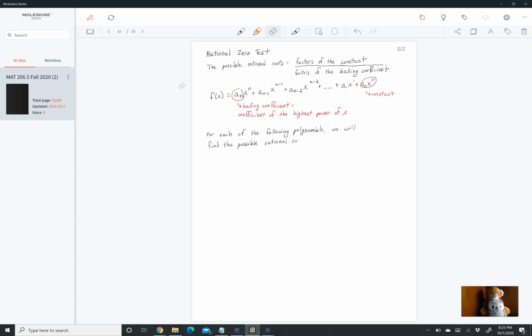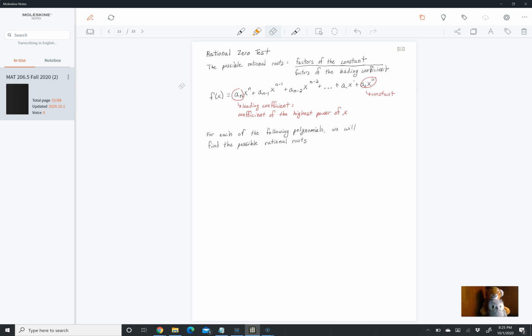This word possible is really important because we're not saying that it's a root. We're saying it's a possible root. Maybe it's a root. And if it doesn't fall within the list that we create, then it's definitely not a root. So let's start with something relatively simple.